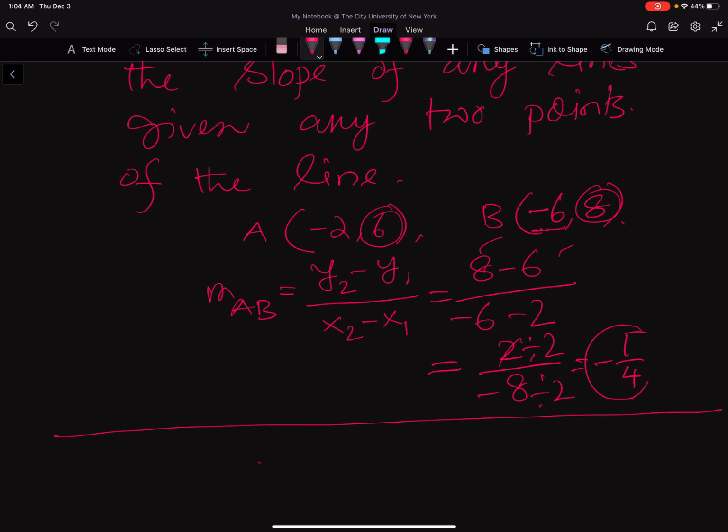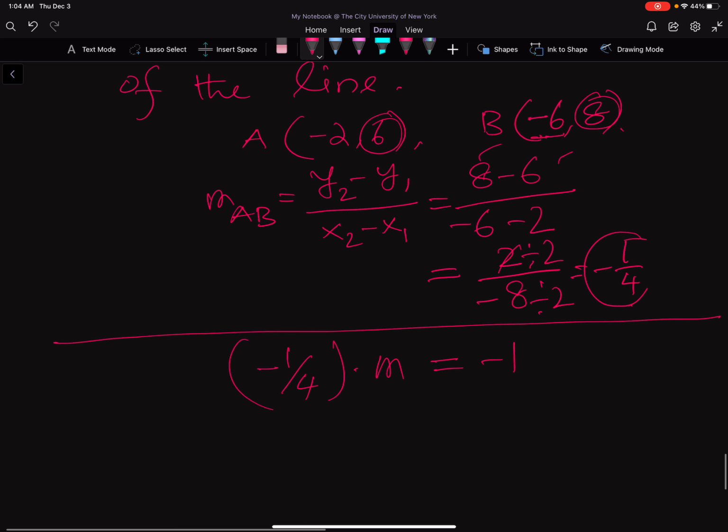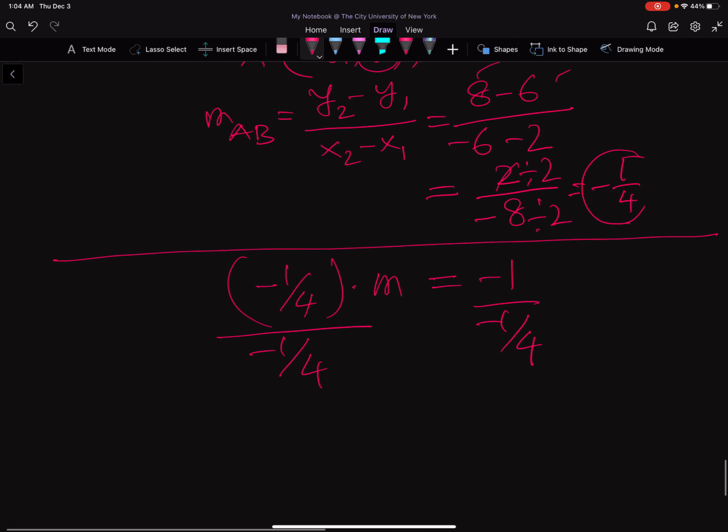If it is perpendicular, we say -1/4 multiplied with the slope m equals -1. We find it by dividing by -1/4 on both sides, so this cancels out, we get m, and from here the reciprocal, so 4.